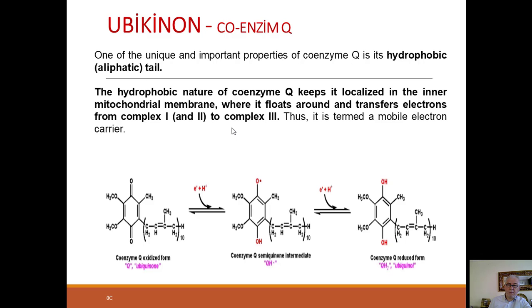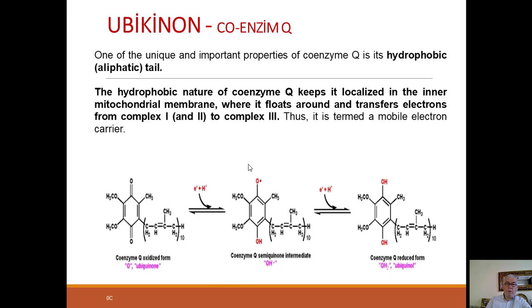For this reason, this semiquinone receives a second electron and turns to the coenzyme Q reduced form, also another oxidation and reduction reaction in the cell and mitochondrial membrane. And these electrons must go to the other complex, complex 3.